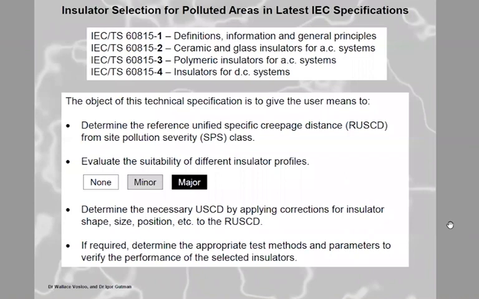Now, in a nutshell, you basically go and you measure. He who measures knows. So you need to measure your environment, determine your pollution severity levels, and from there determine what your actual conditions are. Then you select a reference unified specific creepage distance.